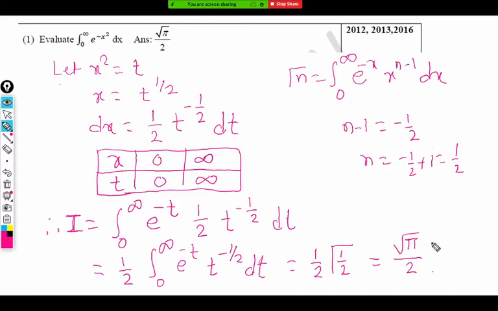Gamma half, the value of gamma half is root pi. This is the property we already proved in gamma. Okay, sir, got it. The value of gamma half is root pi, the value of gamma 1 is 1. Gamma n is n minus 1 factorial provided n is an integer. So these are the things we generally use to get the values of the gamma function.